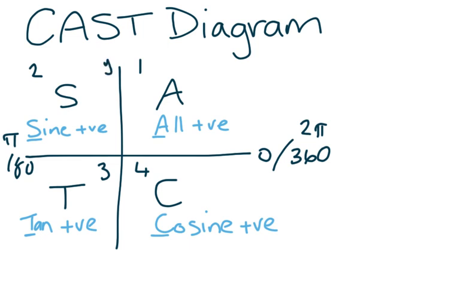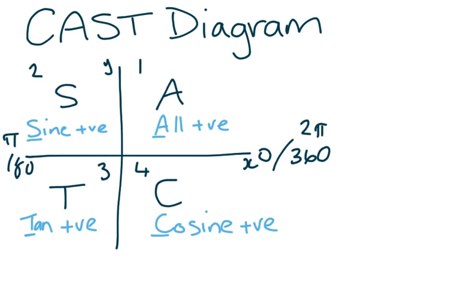So in the top two quadrants, sine will be positive because that's the positive y-axis. Cosine will be positive only on the right-hand side of the quadrants because it's read off the x-axis, which is when the x-axis is positive.